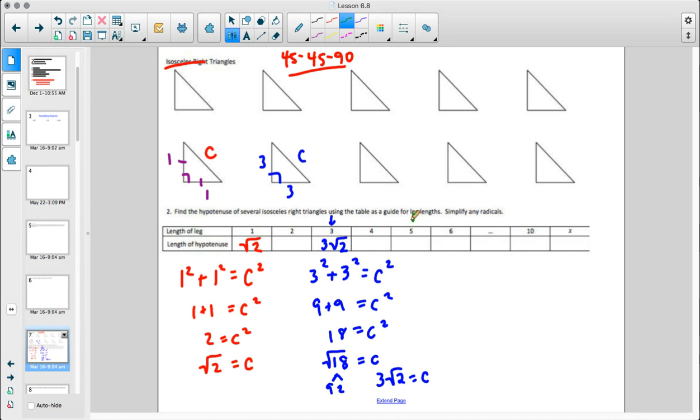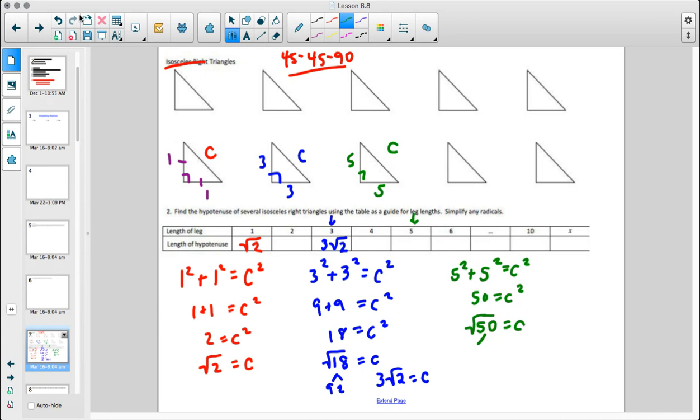And if I do it with 5, you can do it with any of these numbers. And then I look for c. So we know that's going to be 25 and 25. So the square root of 50 is c. So if I want to find the pattern, though, I need to simplify this radical.